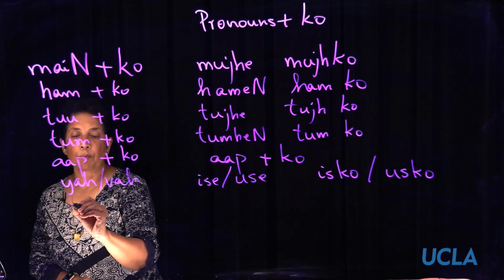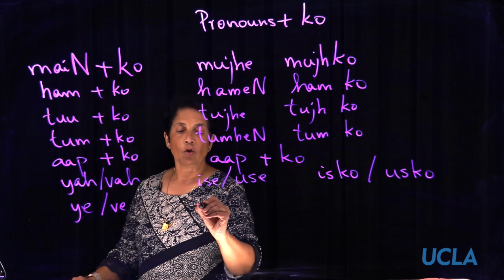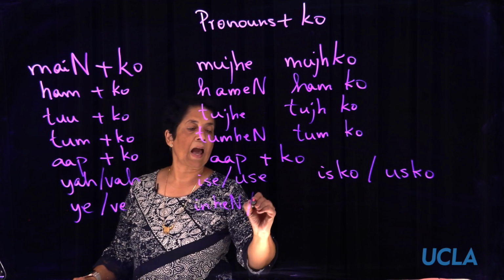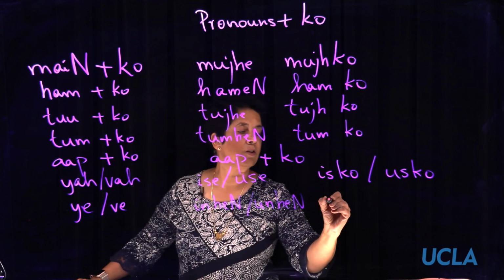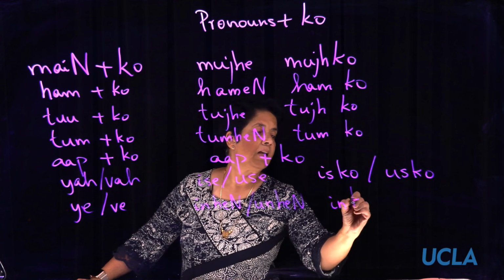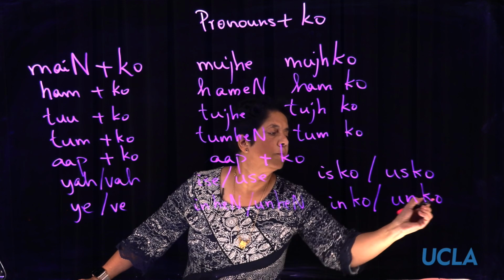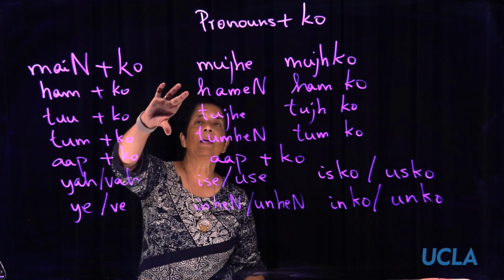And if you have the plural, ye and ve, you'll get inhe and unhe, and you'll get inko and unko. Let me give you some examples.